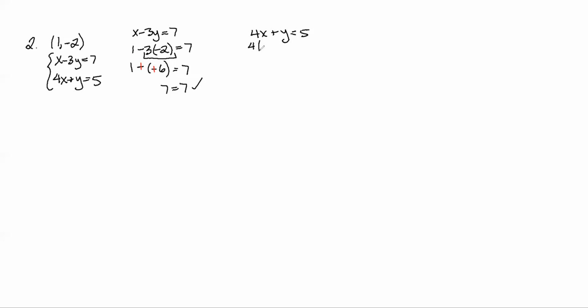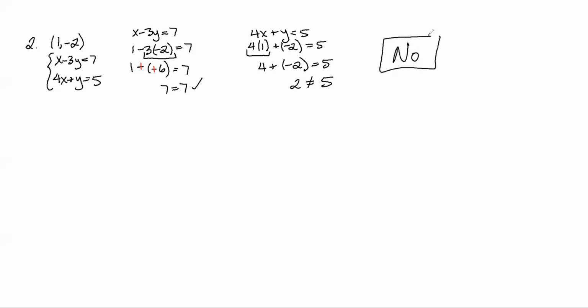So 4 times 1 plus -2, or you can put -2, equals 5. 4 times 1 is 4, plus -2 equals 5. But 4 plus -2 is 2, which does not equal 5. So since it's a solution to one but not the other, then we'll say no, it is not a solution to the system.